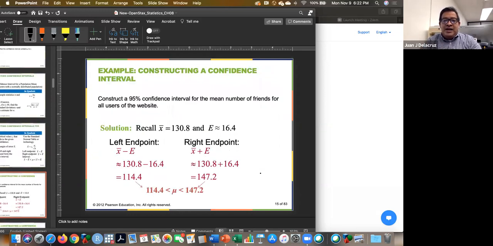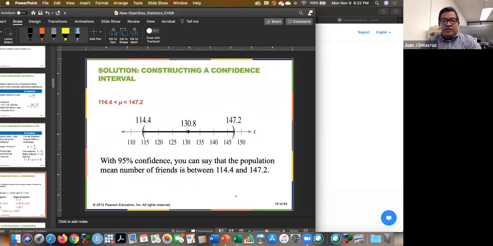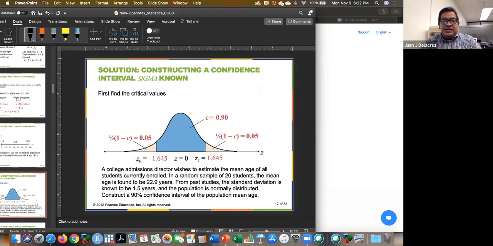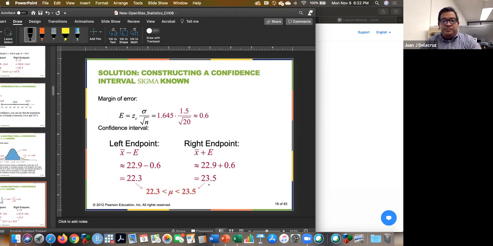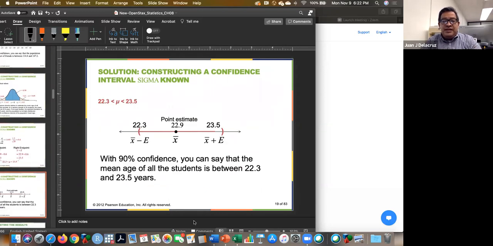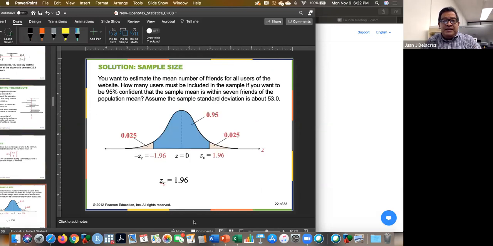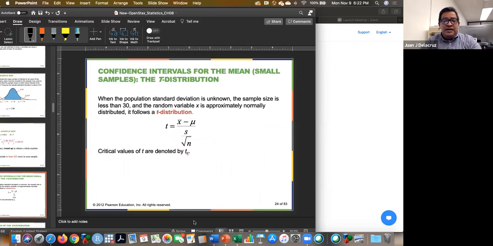So in this case, we have the two of them. This is when sigma is known. Sigma might not be known, in this case, we have a small sample, so we use the T distribution.